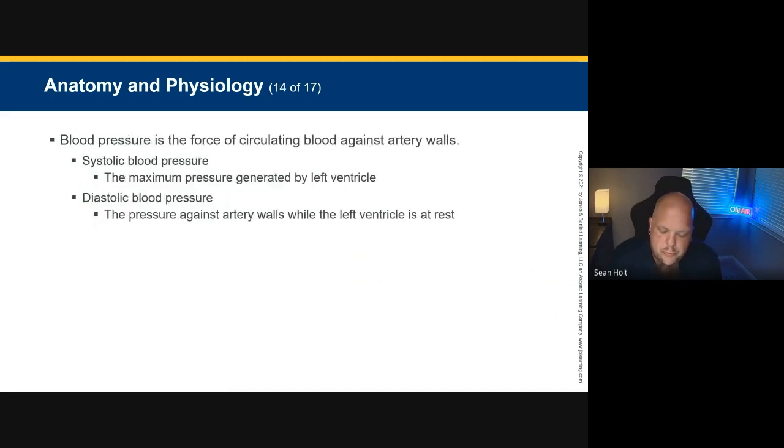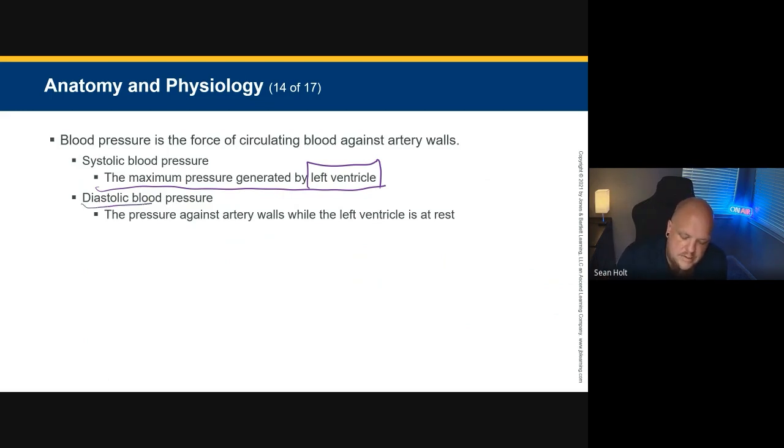All right. Blood pressure is the force of circulating blood against the artery walls. There's a systolic blood pressure. That's the maximum pressure generated, remember, by the left ventricle, the strongest chamber of the heart, right? Because it's got the most afterload, the most resistance to blood flow afterwards, okay?